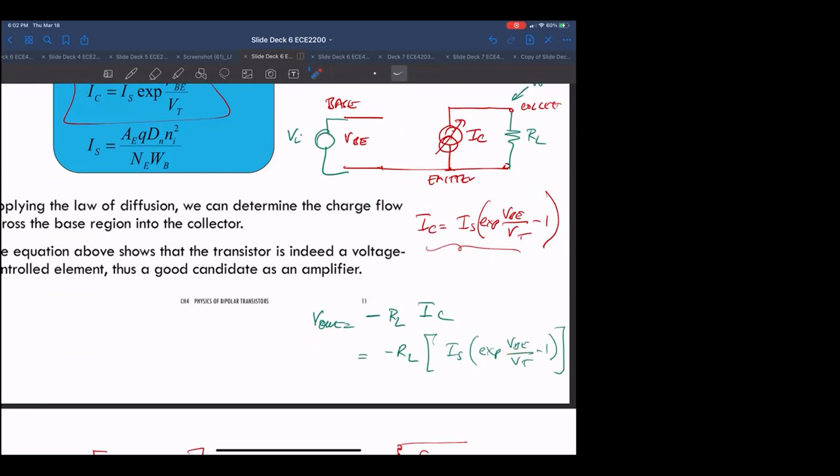That means a tiny change in the input can cause a very large change on the output, which is exactly what we want. We want gain. This is a very definition of gain: a small input change gives a very large output change.